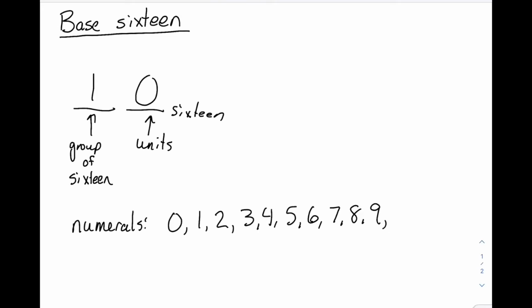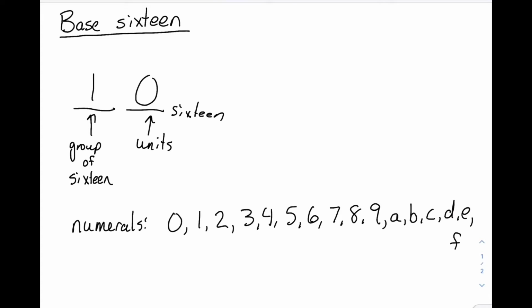So we switch over to letters A, B, C, and D. So 9, and then comes A, B, C, D, E, and F. Where in base 10, this would correspond with 10, 11, 12, 13, 14, 15 different objects.